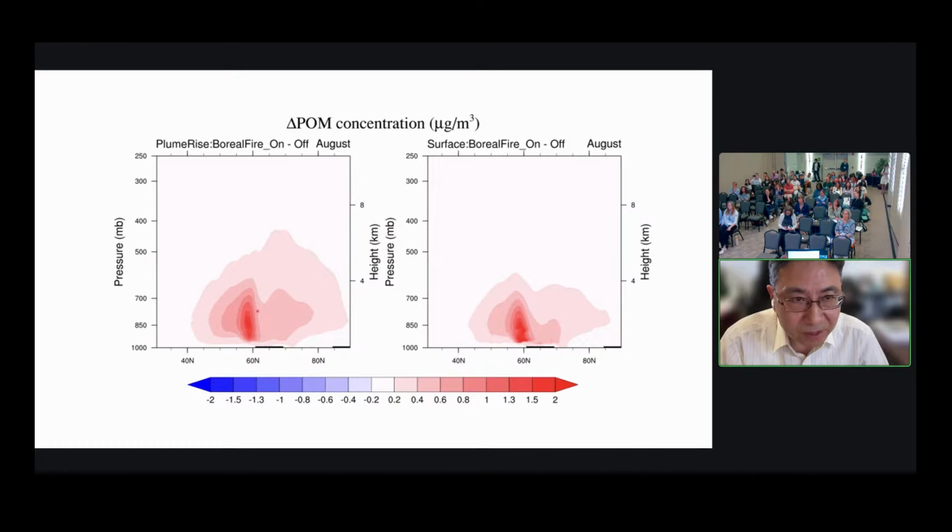So you can see that the boreal wildfires increase the POM, particulate organic matter, and the POM from the boreal region can transport towards the Arctic. If you compare the two simulations, one with plume rise, one emitted at the surface, you can see the plume rise has more aerosol transport vertically, and also more transport to the Arctic.